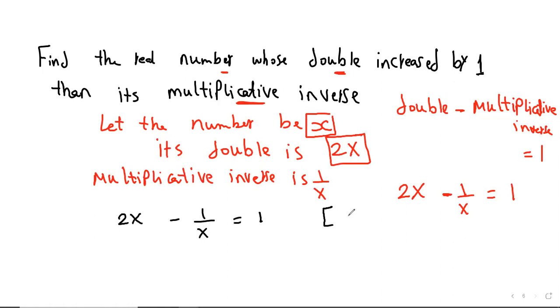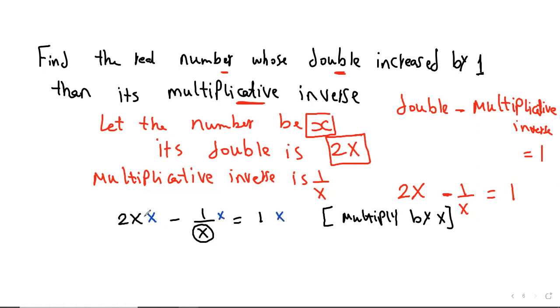Multiply all terms of this equation by x, just to get rid of this x. So we're going to multiply by x here, and x here, and x here.